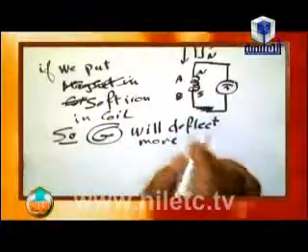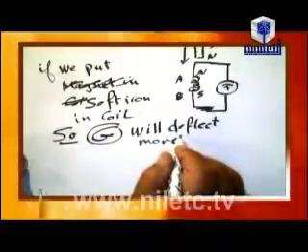So the deflection of the galvanometer will be more if we put a soft iron core inside this coil.